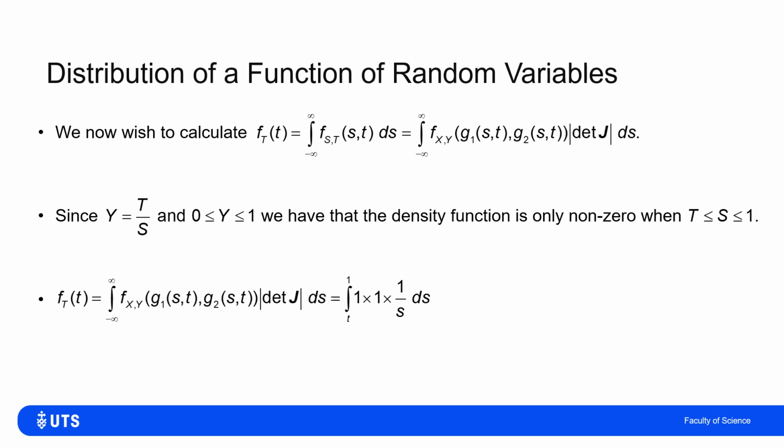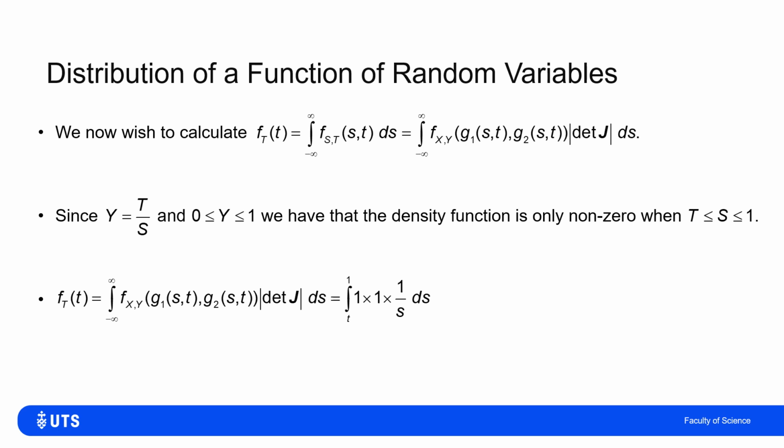But there is still the change of variables, the determinant of the Jacobian. So I get 1 times the absolute value of the determinant of the Jacobian, which is 1 over s.